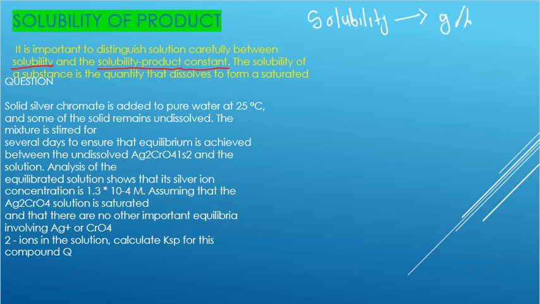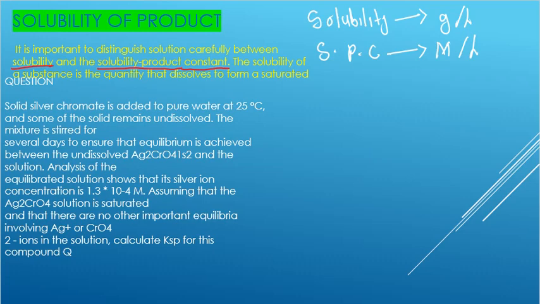And of course, when you're dealing with just the solubility product constant, they will specify, you put your units in molar per liter. So whenever they ask you to calculate the solubility, you put it in grams per liter, and of course, the other one you put it in molar per liter.